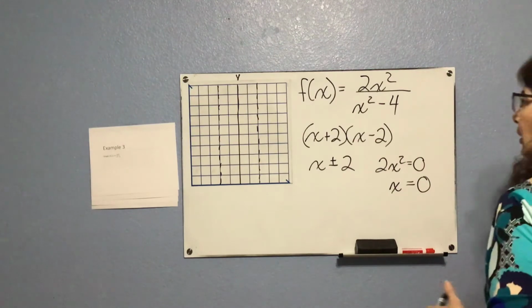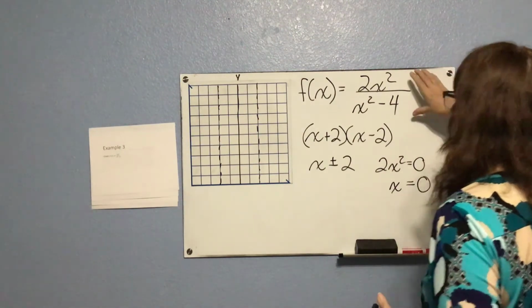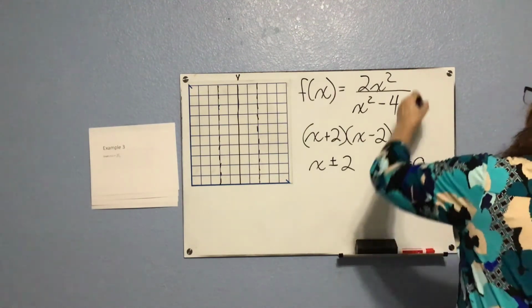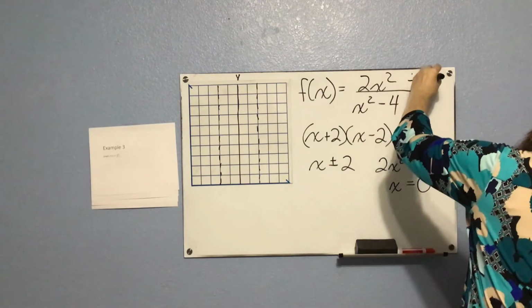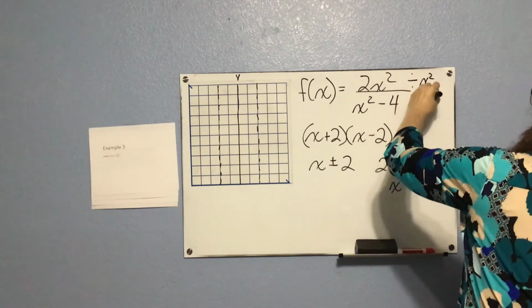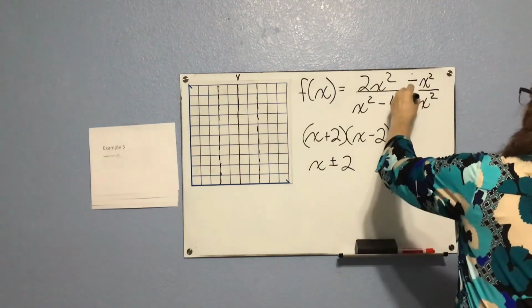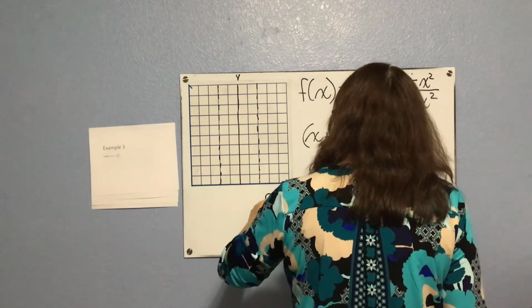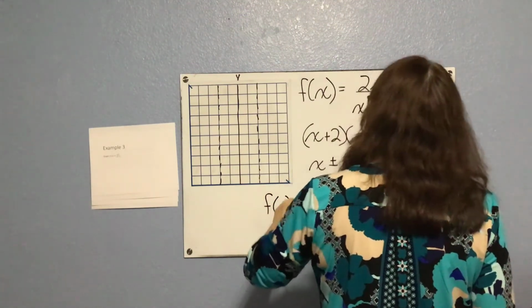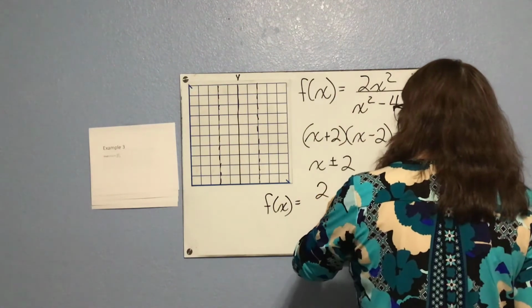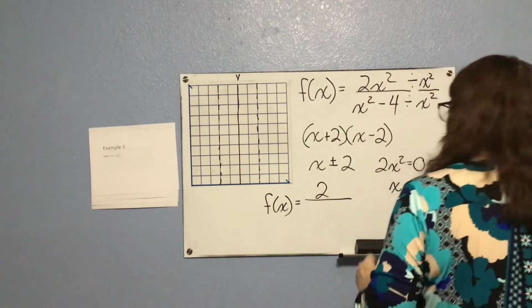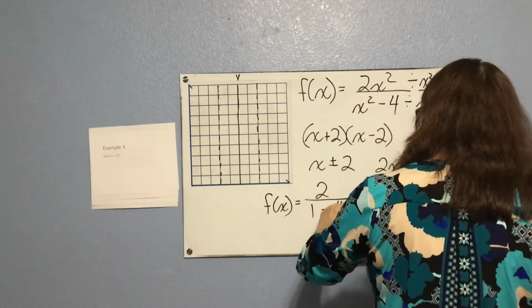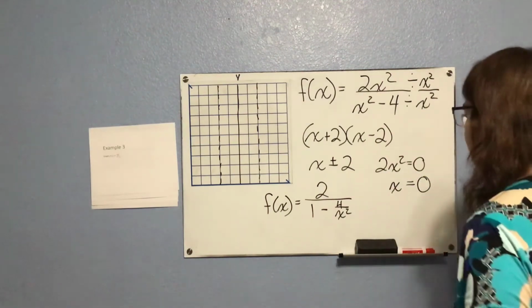Okay, I can find a horizontal asymptote by dividing both the numerator and the denominator by x squared. When I do that, on the top I get just 2, and on the bottom I'm going to get 1 minus 4 over x squared.